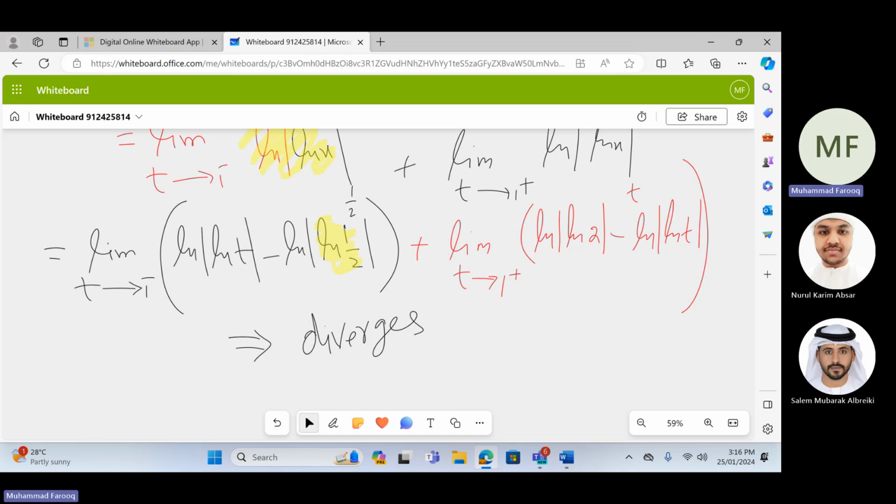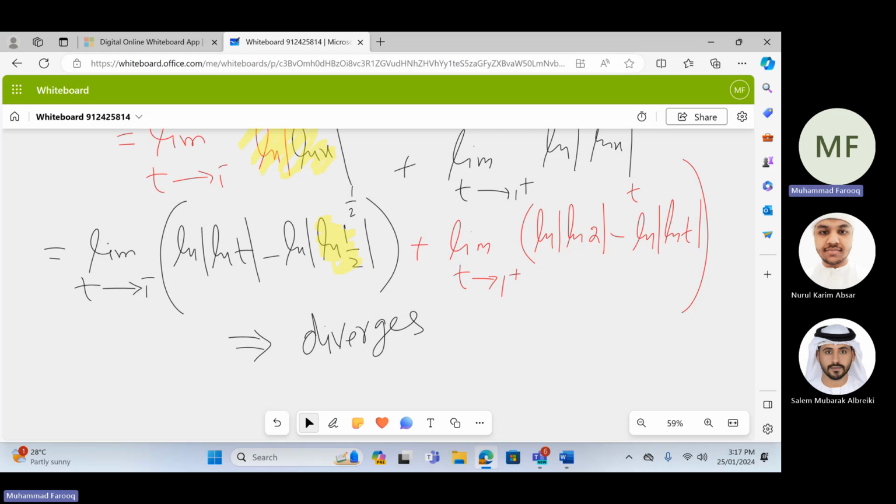We get minus infinity, and minus some number plus some number, minus infinity becomes infinity at the end. Either it is negative infinity or positive infinity, at the end it is divergence. That's why I don't write anything else, I just write divergence.